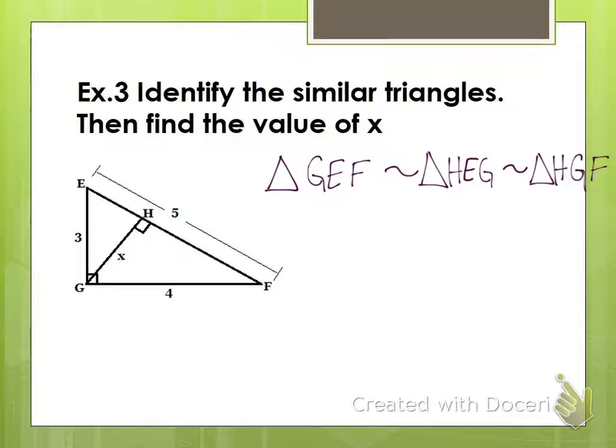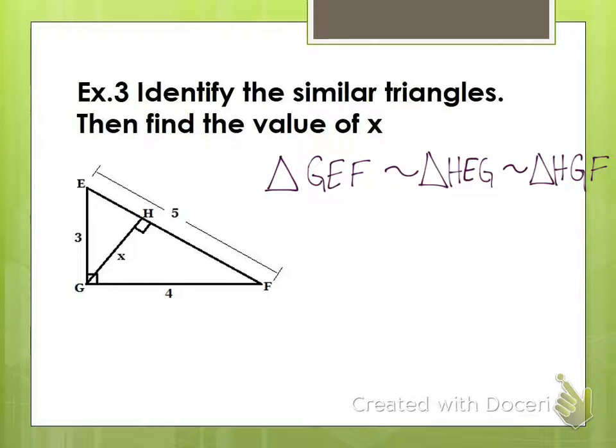G. Or you could label their measures and go about it that way. Hypothetical measures. Now that we've done all of that, we still need to find the value of x. So x is GH. So really you could use either of these triangles because they both have a GH as part of them somewhere.